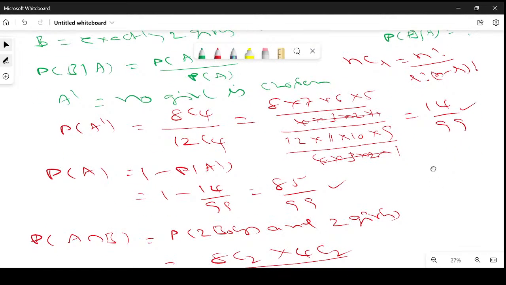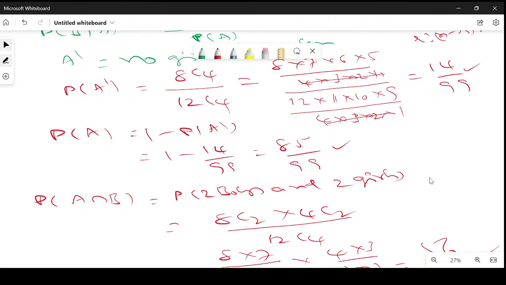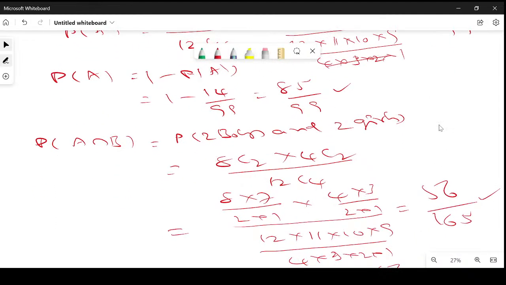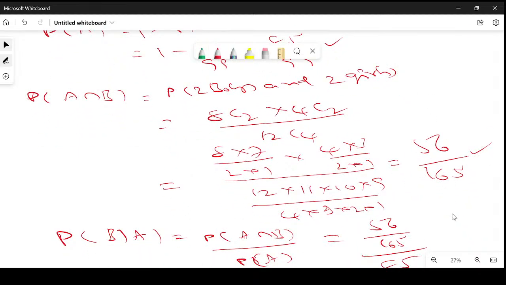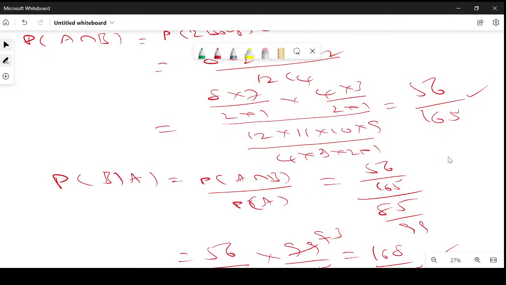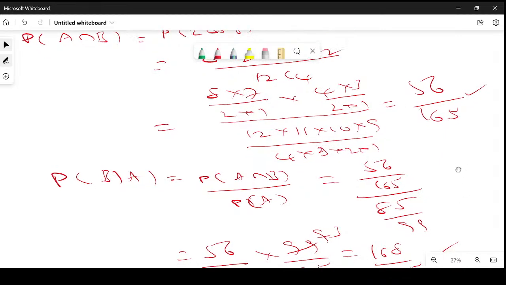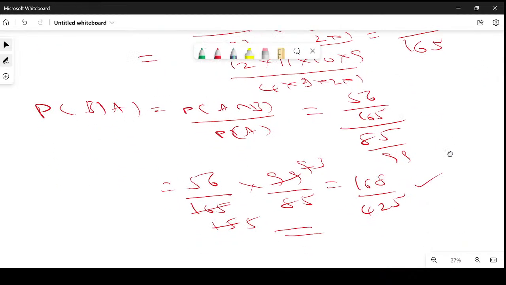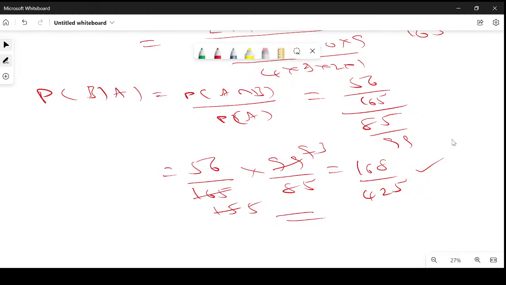P of A is 1 minus P of A complement, 85 by 99. P of A intersection B means common, so 2 boys and 2 girls I have taken, that is 56 by 165. P of B by A is P of A intersection B by P of A, simplified. I got 168 by 425. With this I have completed today's session.